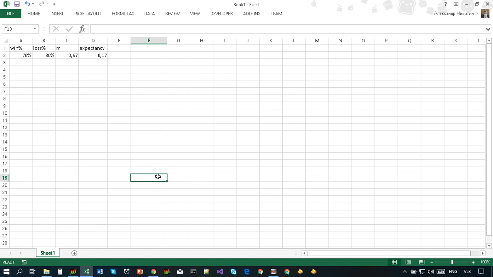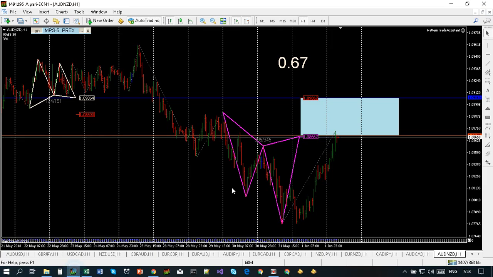Well, based on my market research, first of all, let's agree about this. When you do your market research, when you do your backtesting, what are you expecting to find? For example, somebody's telling you that the cipher pattern is 80% accurate. You say, wow, but I need to check it. And you are going to check it. And when you are checking your strategy, you are bearing in mind that it is a winning strategy, yes?